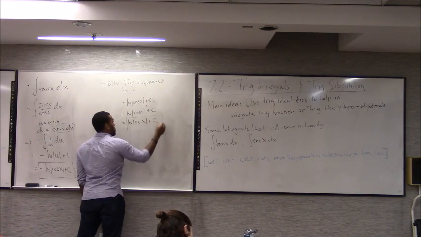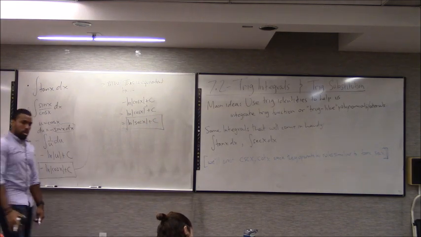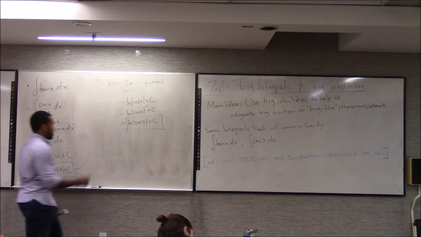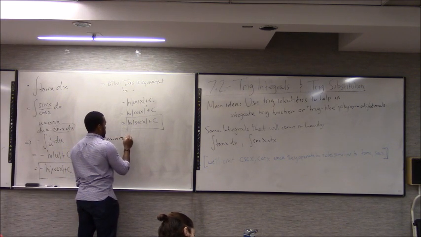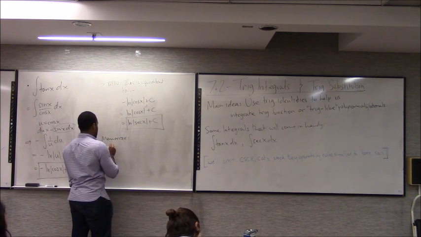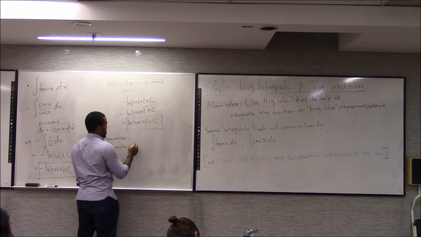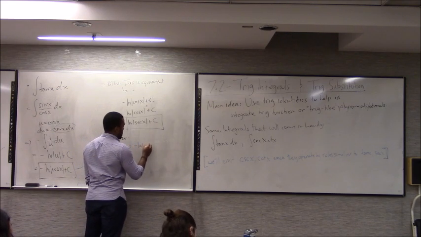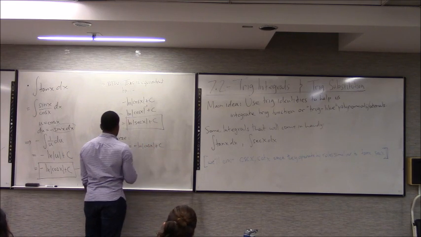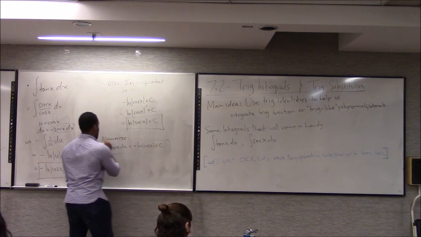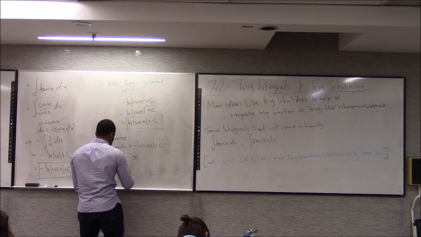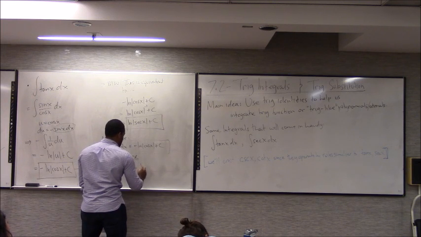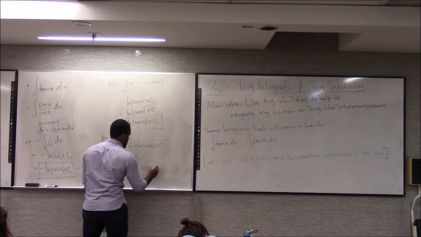So from now on you can have that memorized. So you should memorize that the integral of tangent is minus ln of cosine, or the integral of tangent x is ln absolute value of secant.